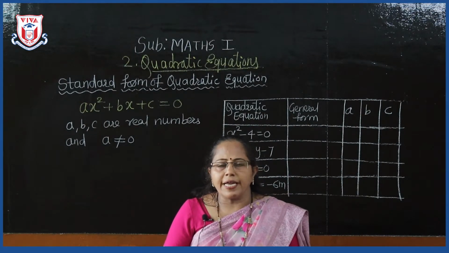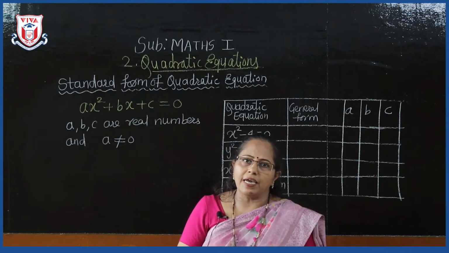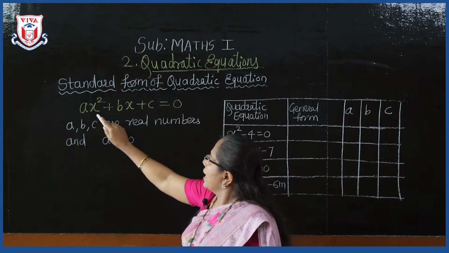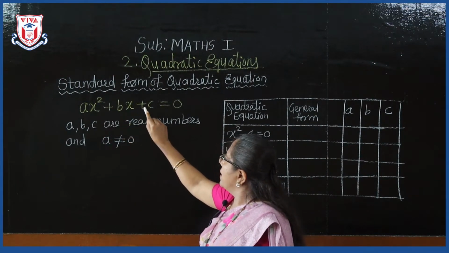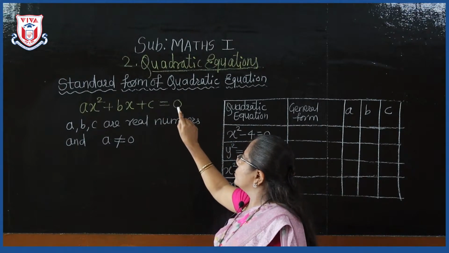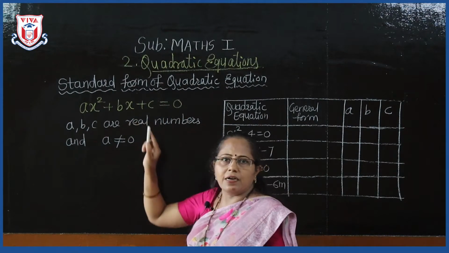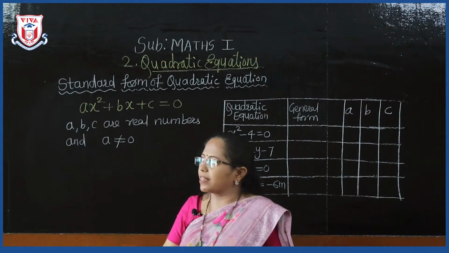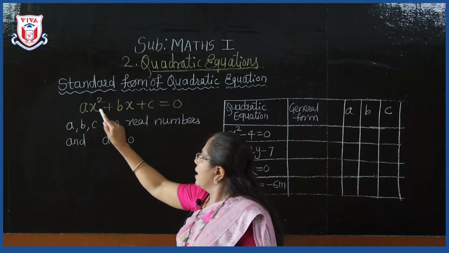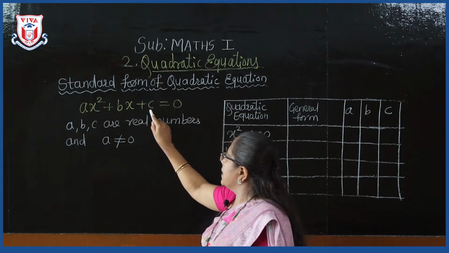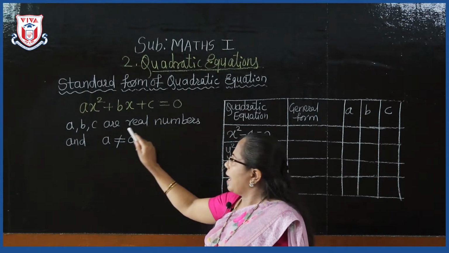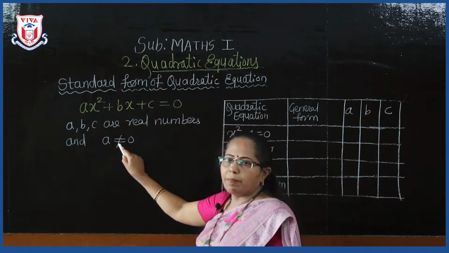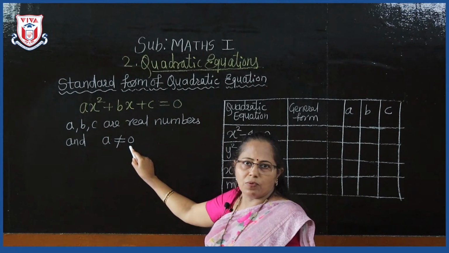Okay. Now we will go for the next topic, standard form of quadratic equation. It is also called the general form of quadratic equation. So ax square plus bx plus c equal to 0. This is the standard form of quadratic equation where a, b, c are real numbers and a should not be equal to 0.